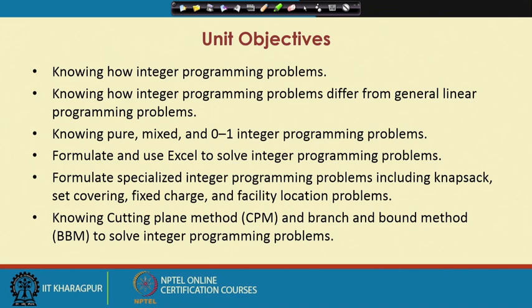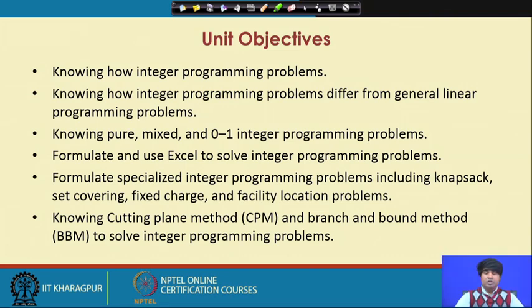So the typical structure will be three types: pure integer, where all the values of the variables are integer type; mixed integer, where some are integer and some are non-integer; and 0-1 integer programming, where the values of the decision variable will be only 0-1. In that case, how do we address the business problem and what should be the optimal solution?